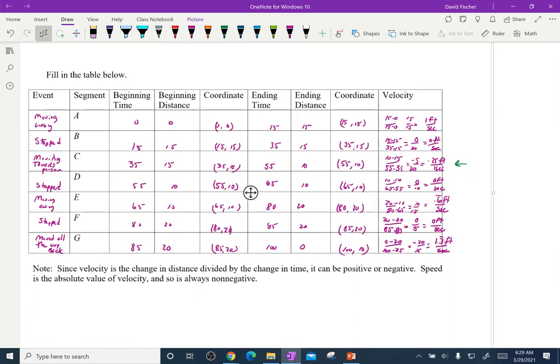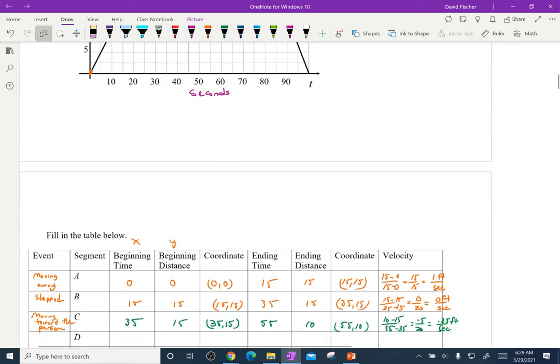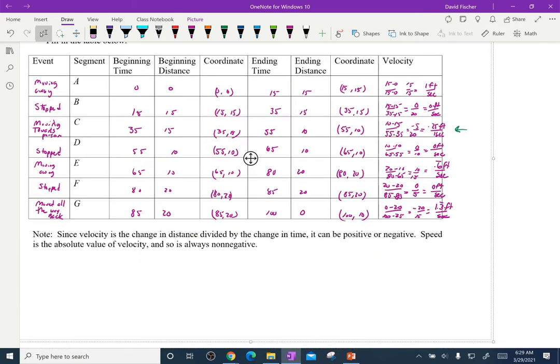And then I had 0.6 feet per second, then 0 feet per second. Again, he stopped if I look up there at F. And now on his way home, he was going 1.3 feet per second. So now as we look at our graph, if they said, well, what's his fastest speed? It looks to me like as we scan up and down, the coming home was the fastest.